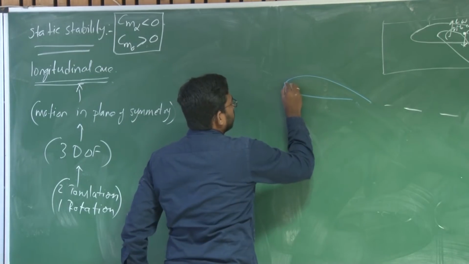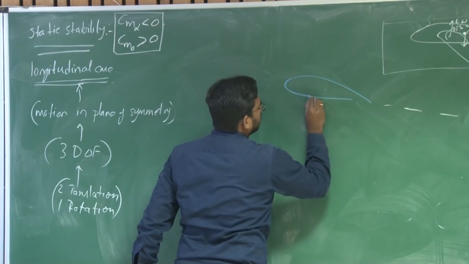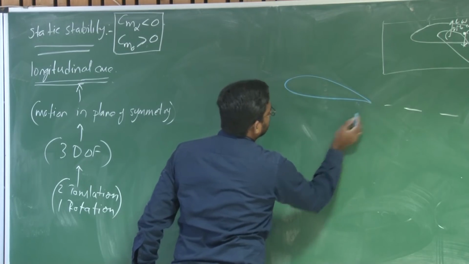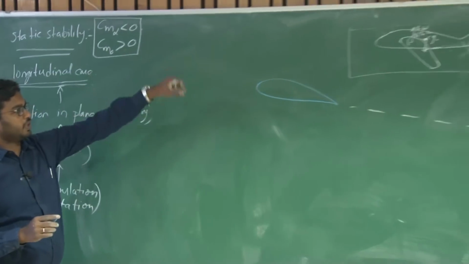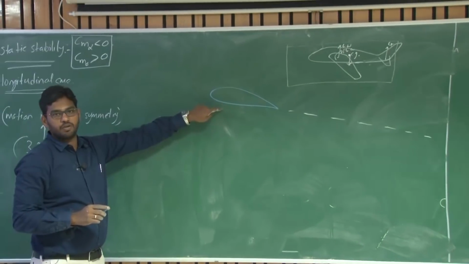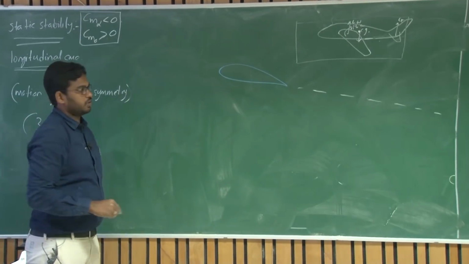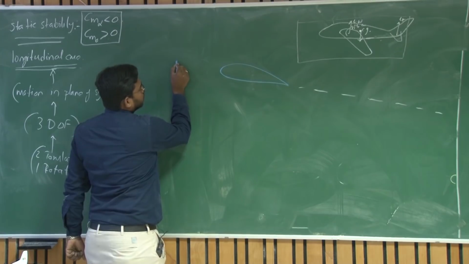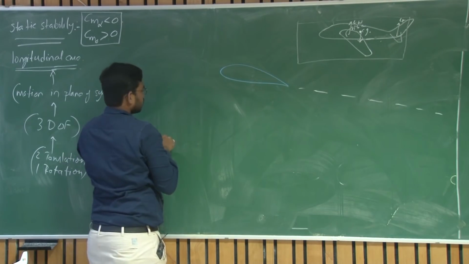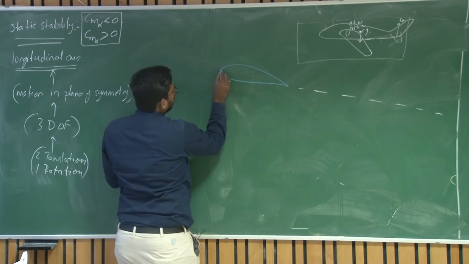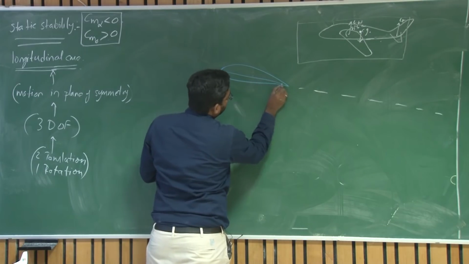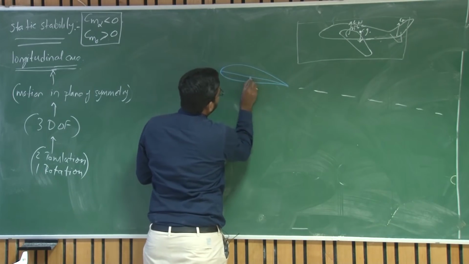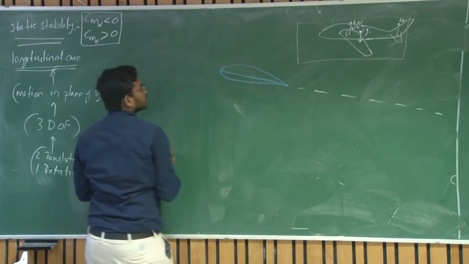I am representing this whole wing by means of this aerofoil, which is a root chord aerofoil. This is your root chord, a straight line joining the leading edge and the trailing edge.